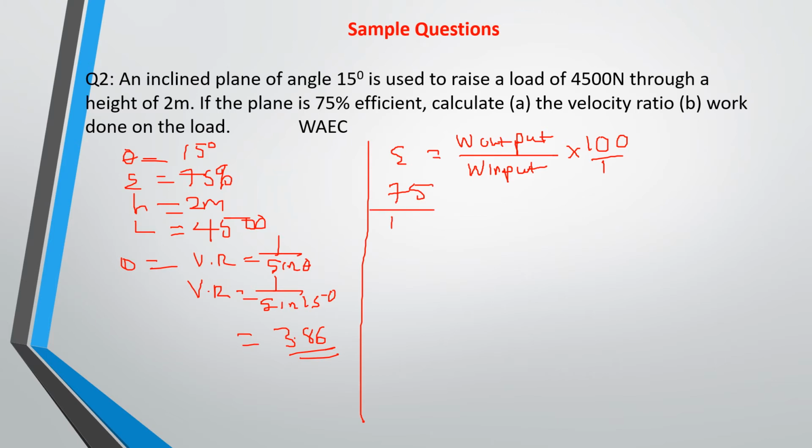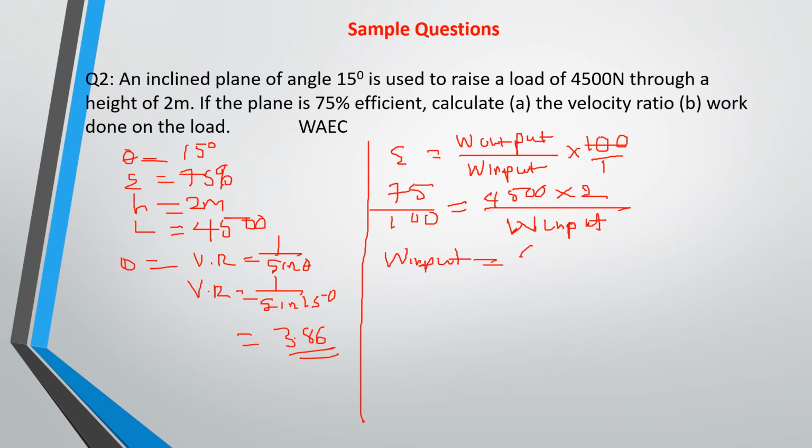Once you write it here over 100, this 100 cancels out. So that will give you your work output, which is 4,500 times the distance moved, all over work input. That's what you are looking for, right? So make your work input, or work done on the load, the subject.